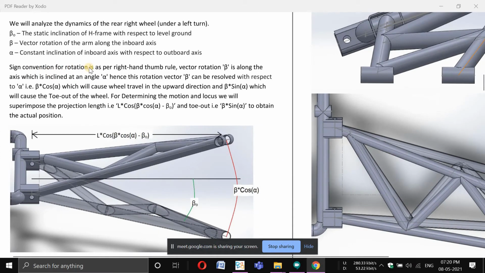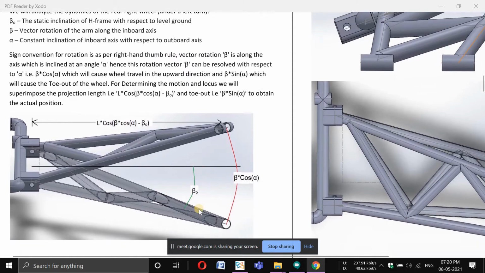The sign convention of rotation is as per the right hand thumb rule, vector rotation beta. So sir, this point which is here, the red angle which I have shown, this line of traverse is the whole angle beta, and what I have done is taken the component of that beta along the inboard axis, because the inboard axis is not straight, it has been given some angle alpha.